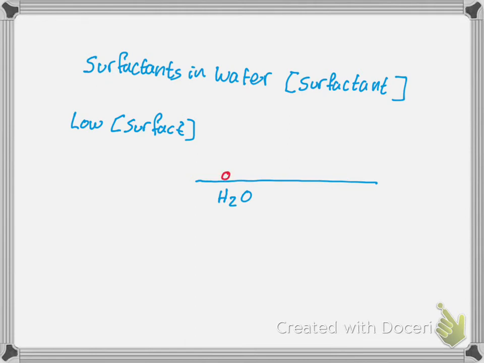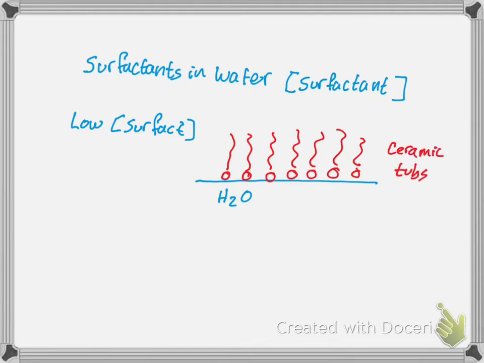The polar head is on the water, on the surface, and you've got those hydrophobic tails sticking straight out, or honestly probably lying down, but there's a little bit of mobility there. This is why ceramic tubs with soap water are so slippery, because you are essentially stepping on grease when you do that.